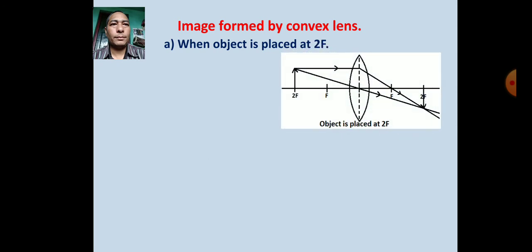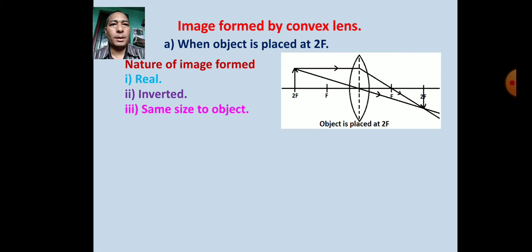Image formed by convex lens. A. When object is placed at 2f, nature of image formed: 1. Real. 2. Inverted. 3. Same size as object. 4.